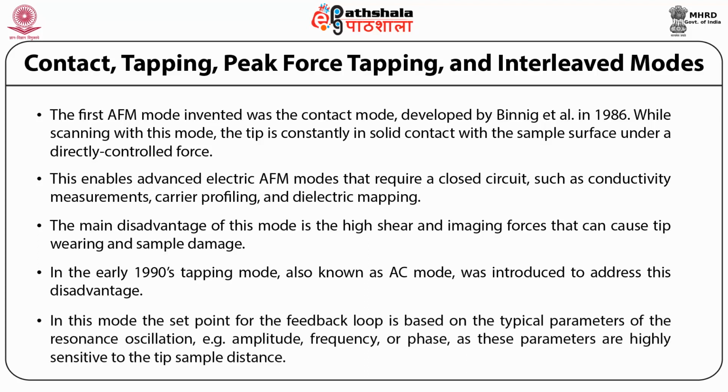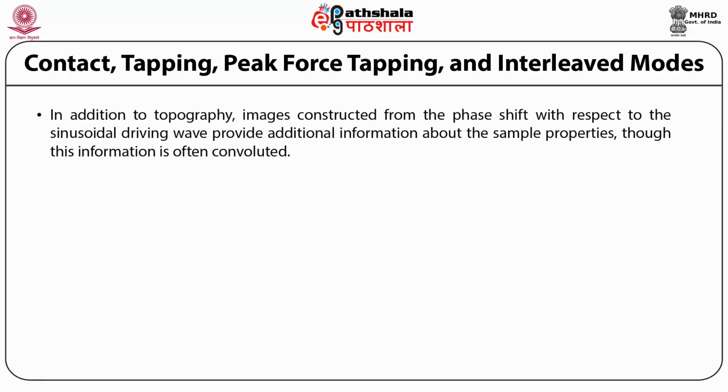In this mode, the set point for the feedback loop is based on a typical parameter of resonance oscillation, for example amplitude, frequency, or phase, as these parameters are highly sensitive to tip-sample distance. In addition to the topography image, an image constructed from the phase shift with respect to the sinusoidal driving wave provides additional information about the sample properties, though this information is often convoluted.